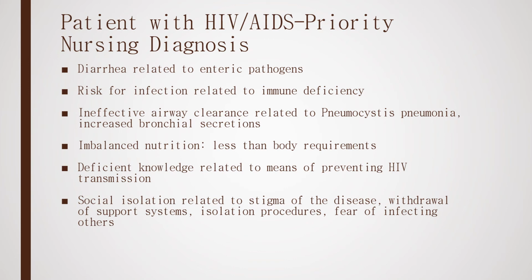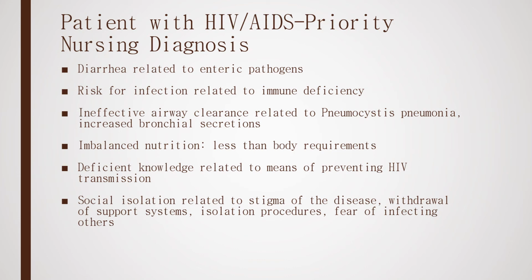Usually what you might see in the hospital is a patient at stage 3. If the symptoms are manageable, they manage it at home. And once you have a patient in the hospital, then you have to have very good nursing diagnoses and prioritize based on the patient's needs.